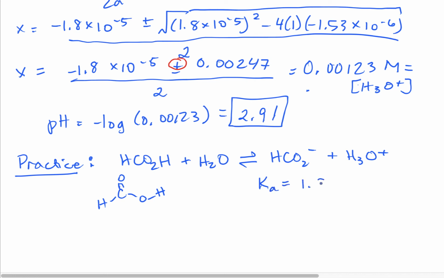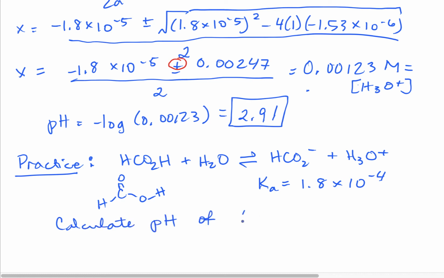Well, I guess I picked this. It wasn't really intentional. But anyway, its Ka is 1.8 times 10 to the minus 4 instead of 1.8 times 10 to the minus 5 in the previous problem. So go ahead and pause the video and calculate the pH.